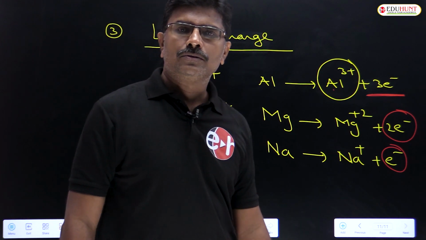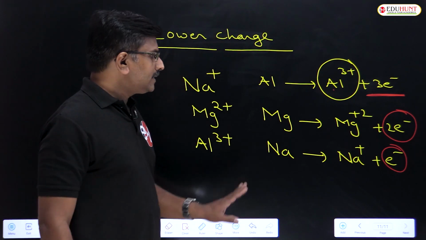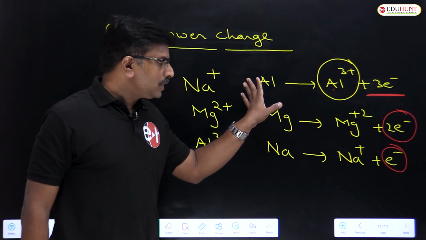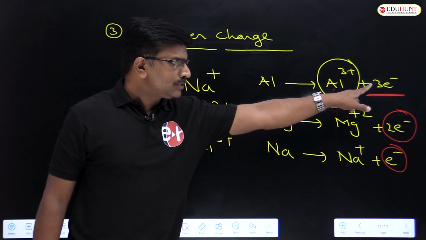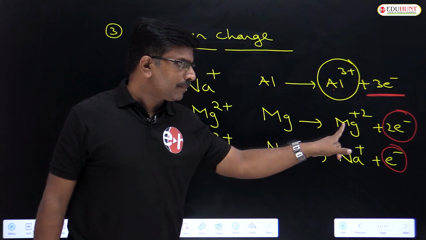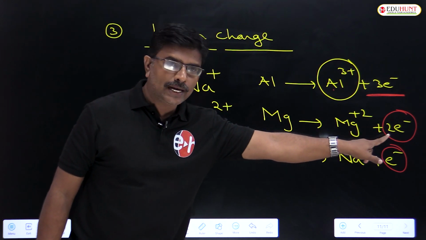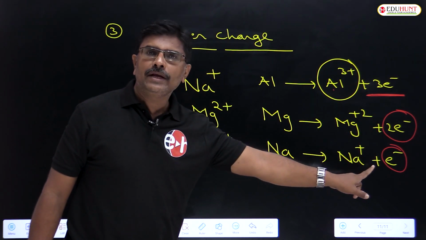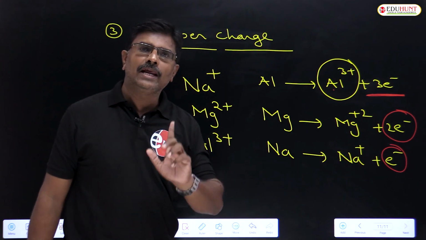So our point is: the aluminum tripositive ion has to lose 3 electrons, the magnesium dipositive ion requires the loss of 2 electrons, whereas sodium needs the removal of 1 electron.